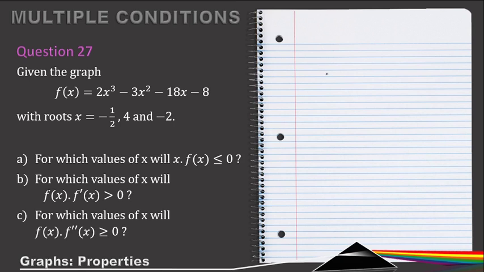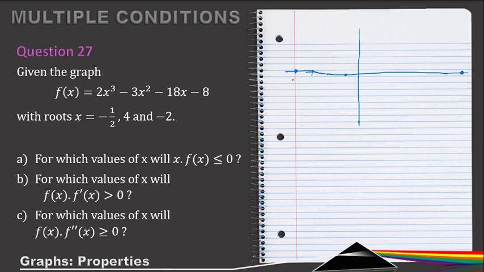So first of all, I'm going to draw my graph. So here we go, and the roots are at -0.5, -2 and 4, and it goes through -8. So this is going to look something like this. If I have -0.5 here, then my -2 will lie somewhere here, and my 4 would lie further on, let's say maybe here.